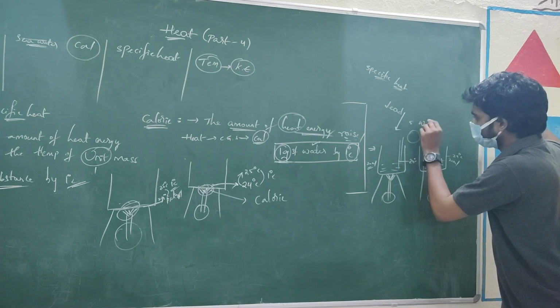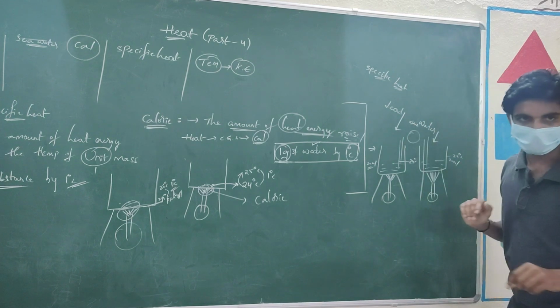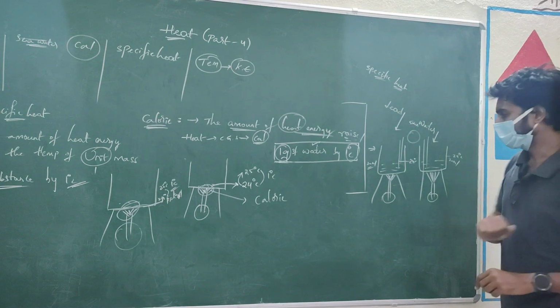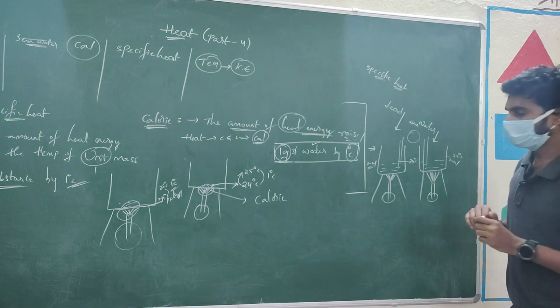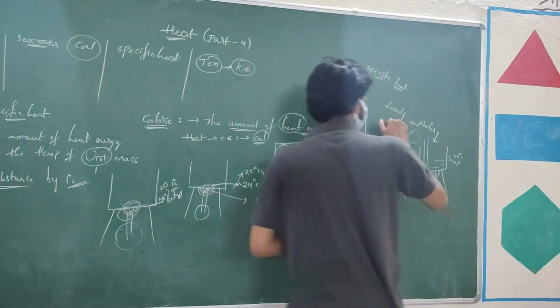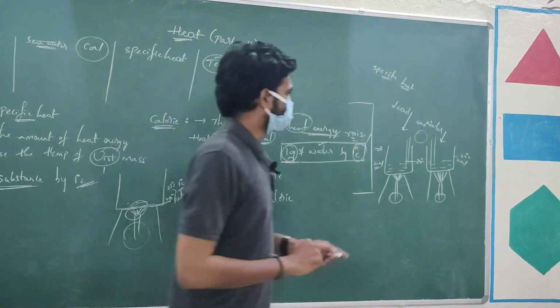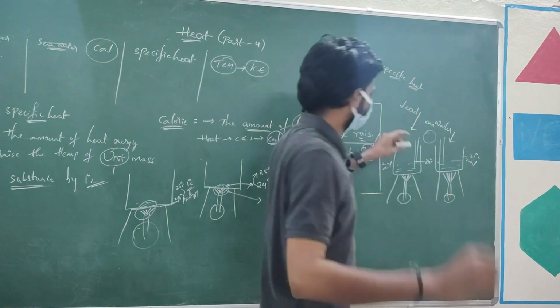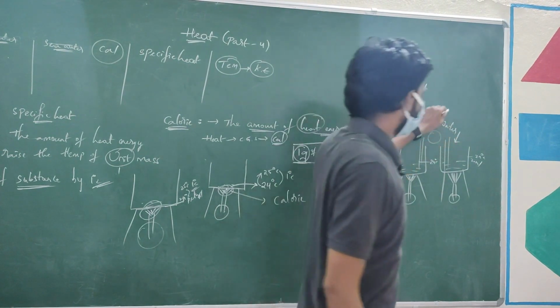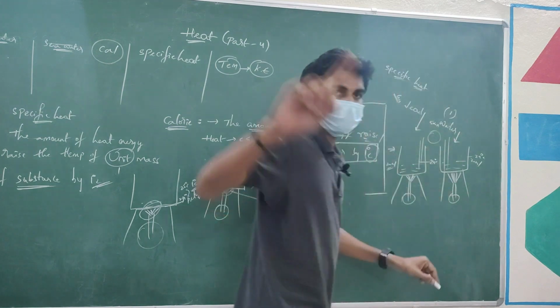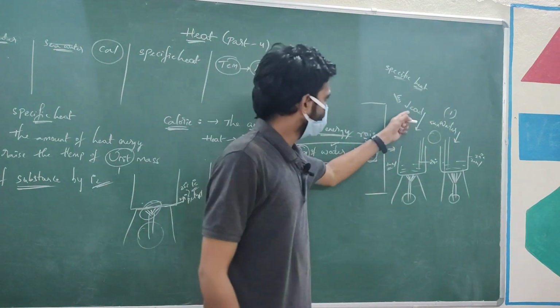After that we need to wait for 5 minutes. How much time do we need to wait? 5 minutes. After 5 minutes, just observe the readings in the thermometer. You will find that lead has a lesser specific heat. It has a lower specific heat value compared to water, because water has the highest specific heat value, that is 1, but compared to it lead is much lesser.